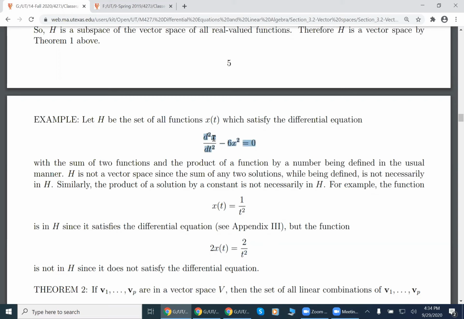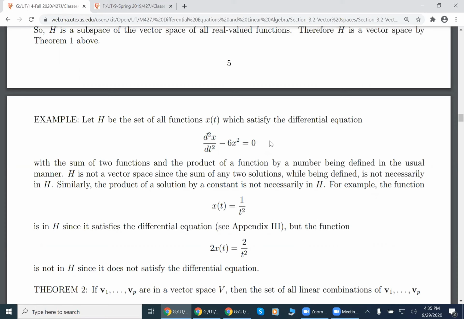Again, if you replace x here and x here by 2 over t squared and simplify, you will not be able to get 0. So this is a solution. 2 times x is not a solution. Therefore, this set of all solutions of this differential equation is not closed under multiplication by a scalar. Therefore, the set of all solutions of this equation is not a vector space.